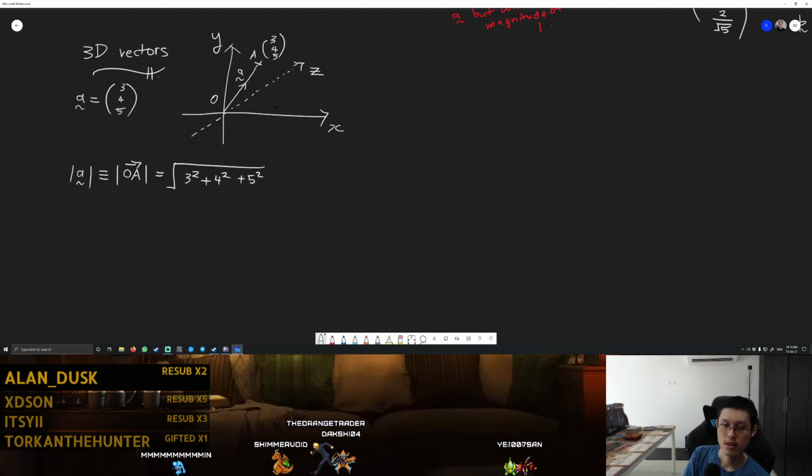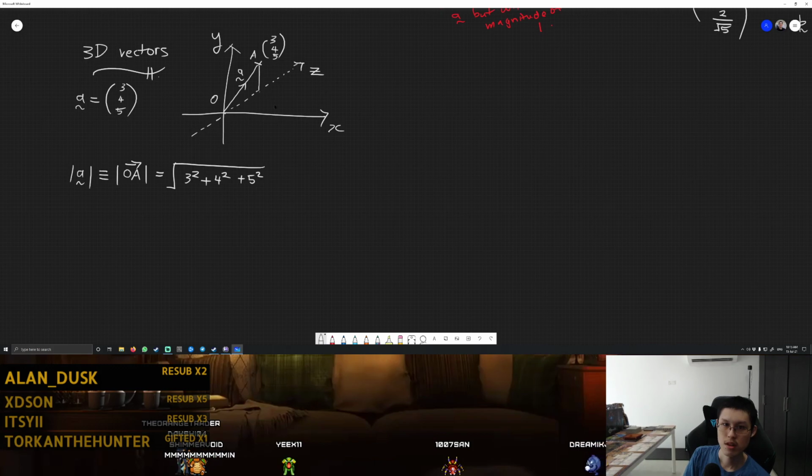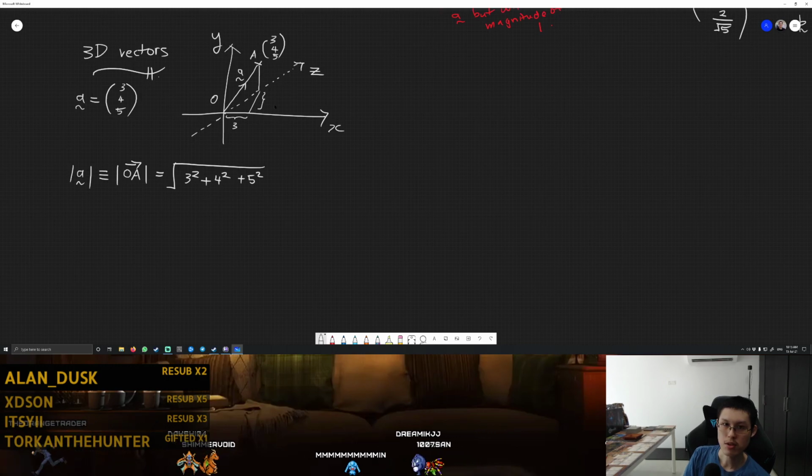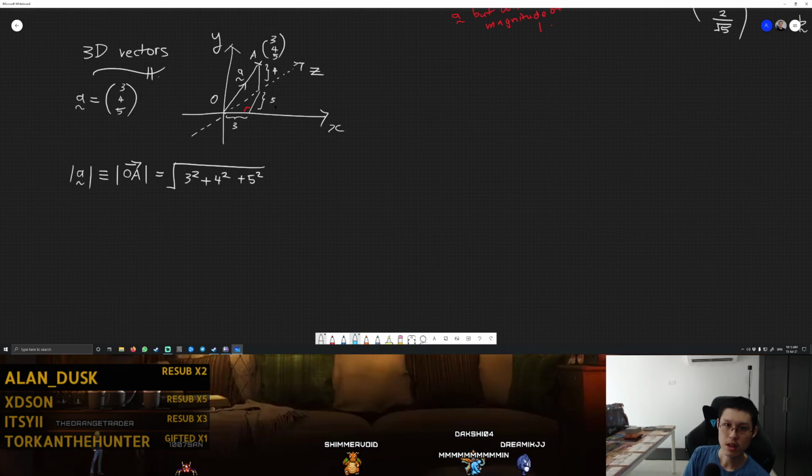Okay, so let's say this looks like that. Okay, you can imagine this kind of goes like this. So from here to here, it's 3. From here to here is 5. From here to here is 4. And if you look real closely, you see that this is actually a 90-degree angle. This is a right-angled triangle. This is another right-angled triangle.